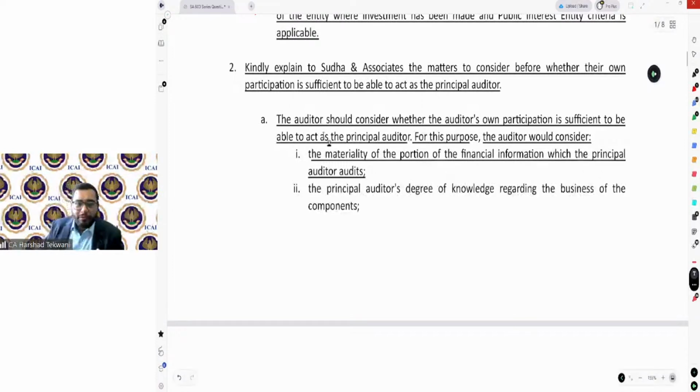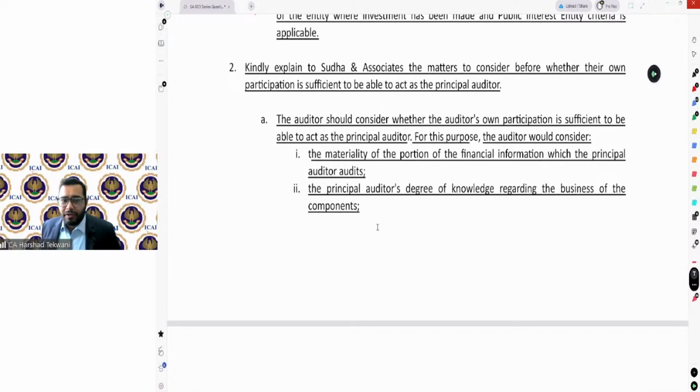Materiality of the portion of the financial information means how much of the information I will be auditing, and how much the component auditors will be auditing. Number two, the principal auditor's degree of knowledge regarding the business of the components. How much knowledge I have of the components' business.